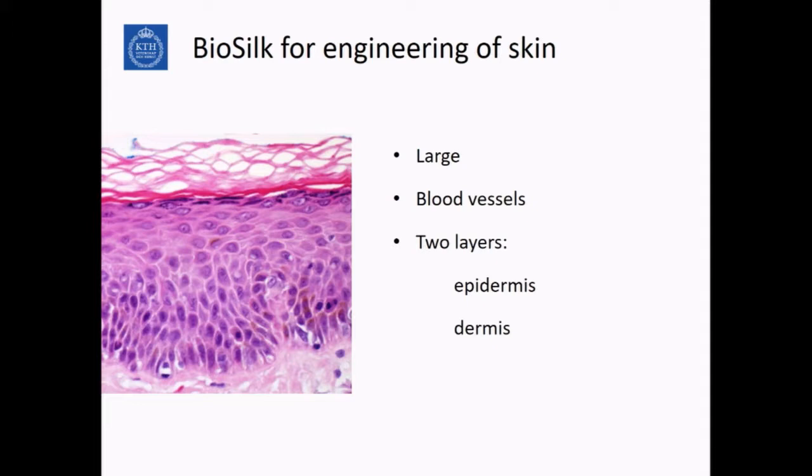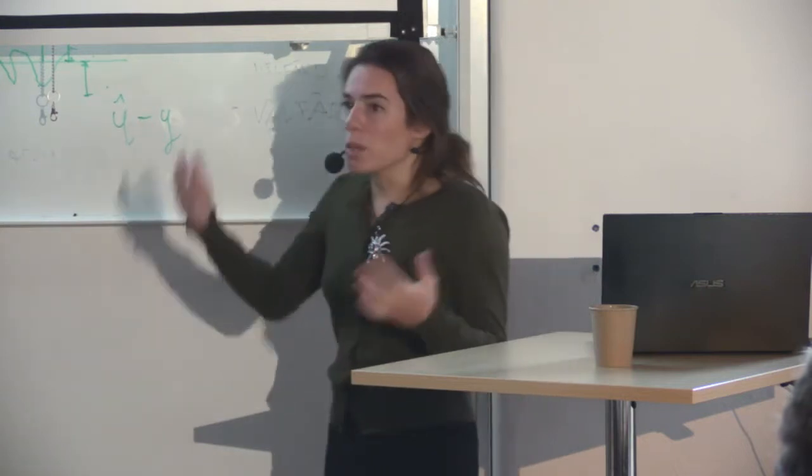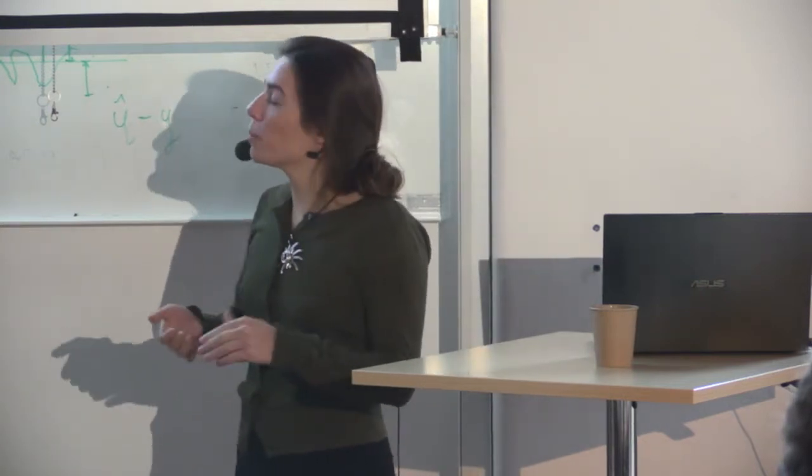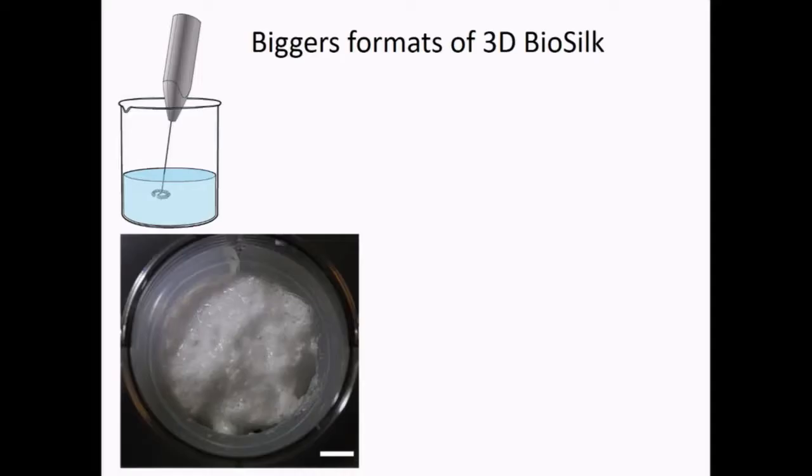And if you have a bigger tissue, then you need vascularization in this tissue, because all cells need nutrients and oxygen. So there we have some challenges. The skin is also composed of 2 layers of different cell types, which we would then need to be able to combine. The first challenge: as I described, our first method of having the cells in a 3D network was by pipetting air bubbles. If you were to do that for something larger, you would get very tired in your hand.